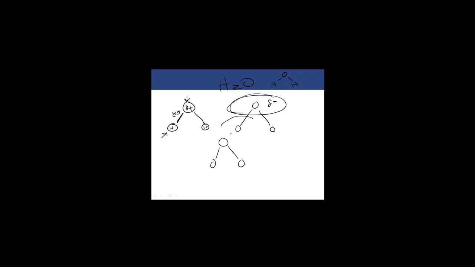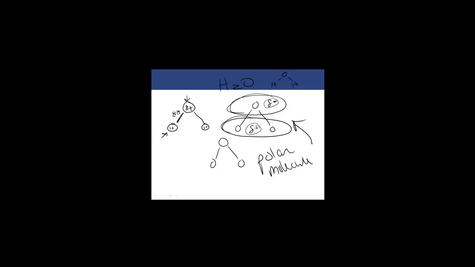And the other end of the molecule is partially positive because of the placement of those electrons. So this forms a polar molecule, one in which you have one end partially negative and the other end partially positive.